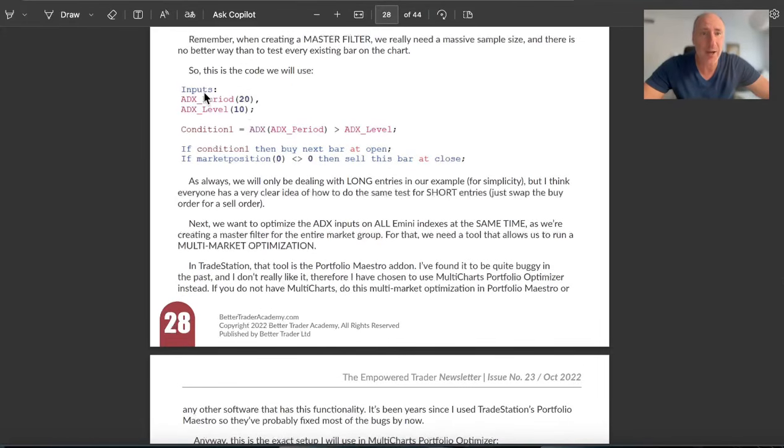And what I need to do is just create a simple code where I create a condition where I want to test different periods, different ranges, and then just do a simple test where I enter when this condition is met, and then I exit at close, and I do this on daily data.